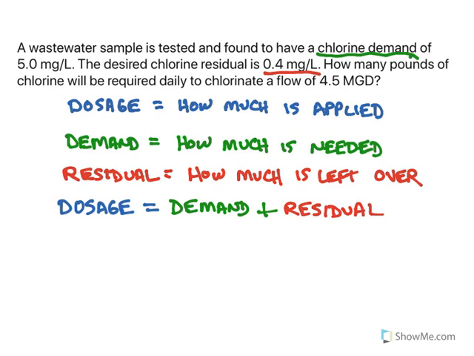So if the demand in this case is 5 milligrams per liter, and the residual left over when you're done is 0.4 milligrams per liter, then you know that the dosage is 5 plus 0.4.